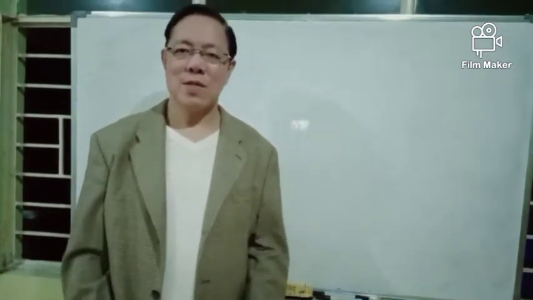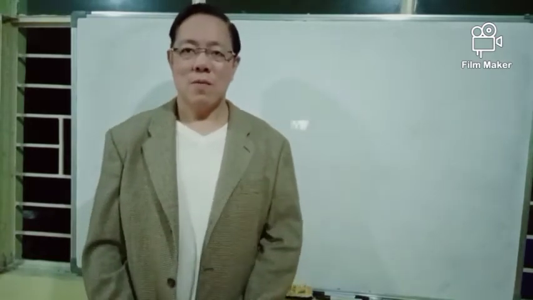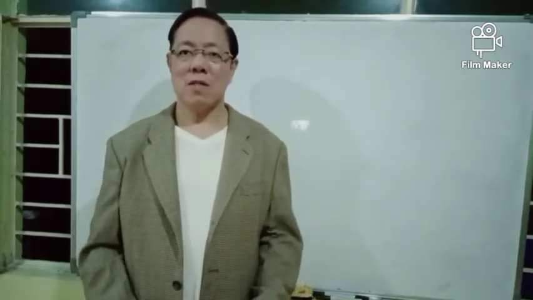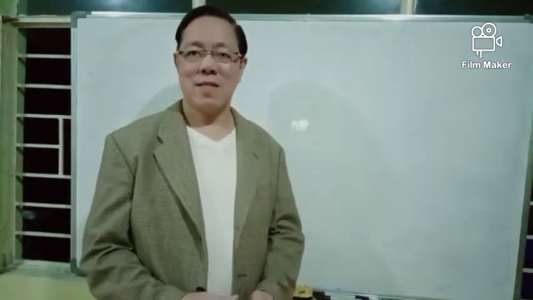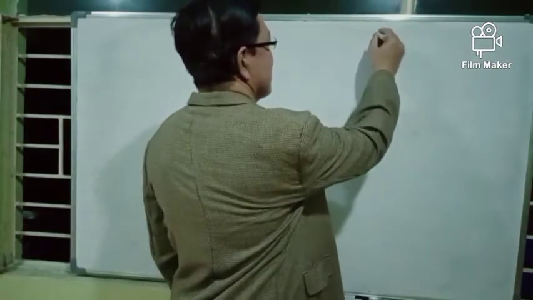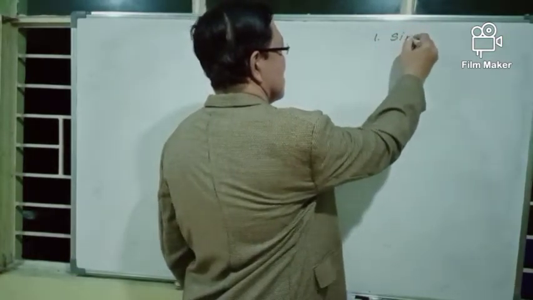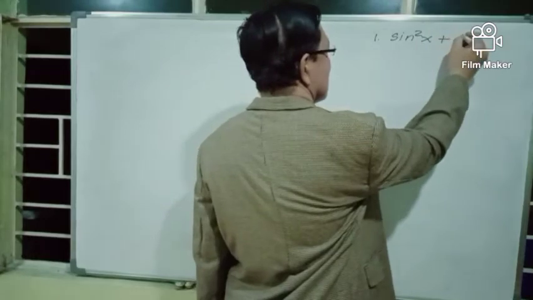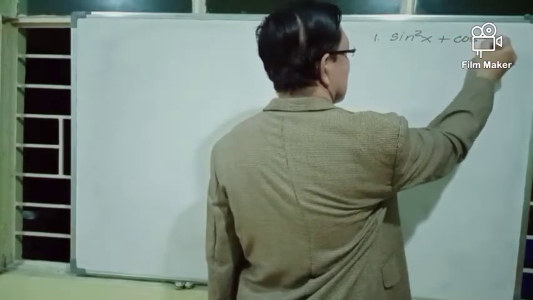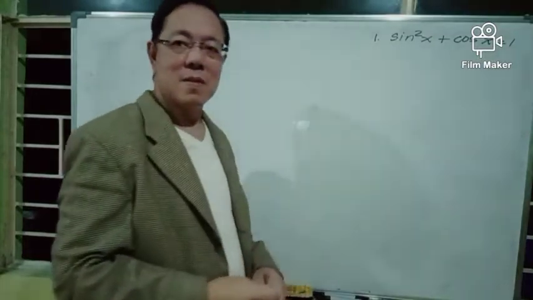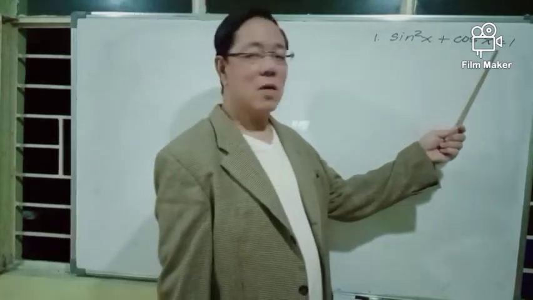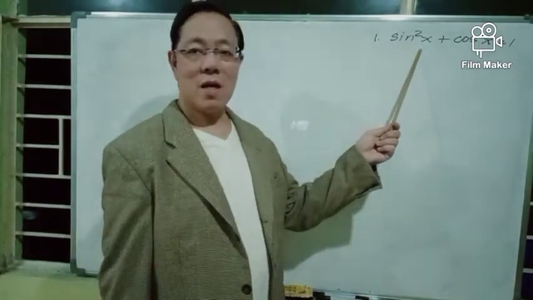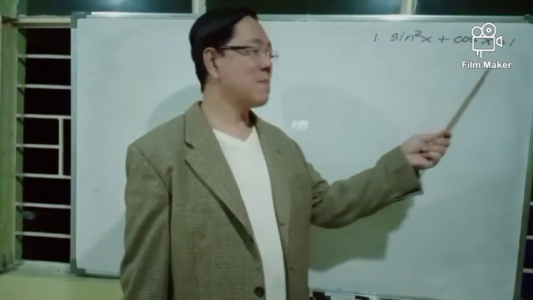Now we review the trigonometric identities that will be useful in simplifying integrals involving trigonometric functions. The first is the set of Pythagorean identities. We have number 1, the sum of the squares of sine and cosine equals 1, or sine squared x plus cosine squared x equals 1.